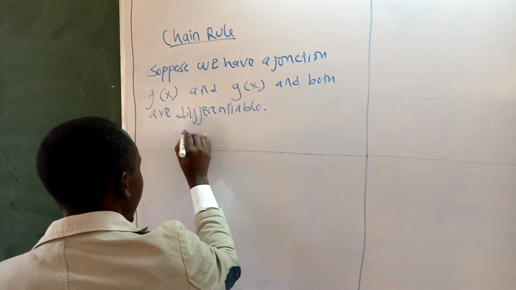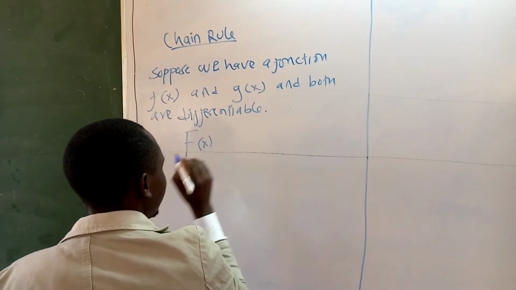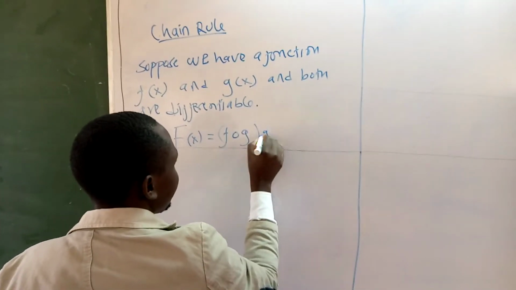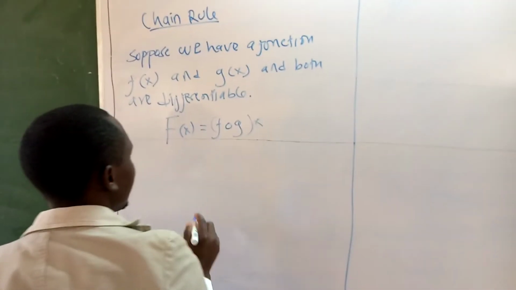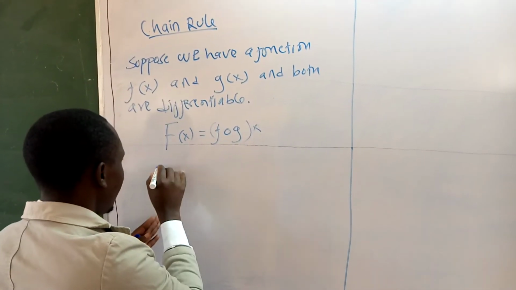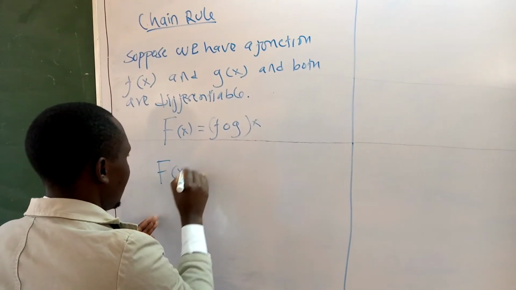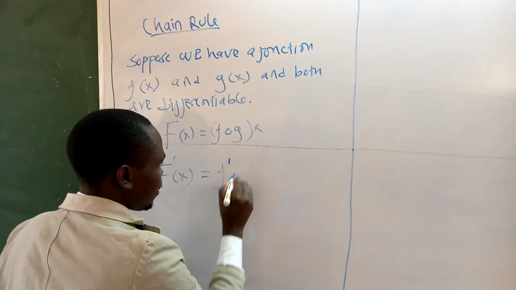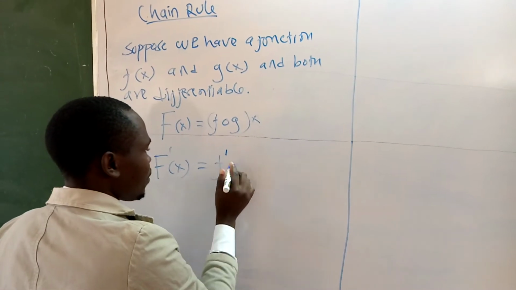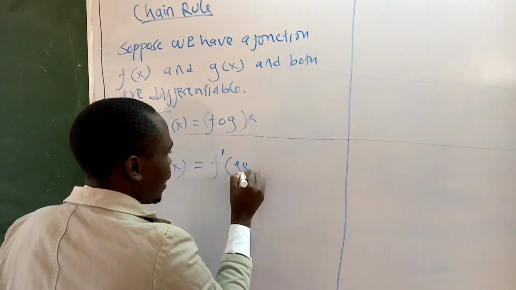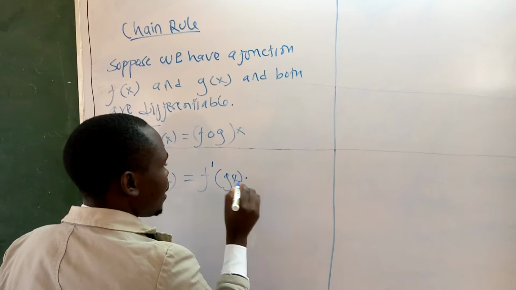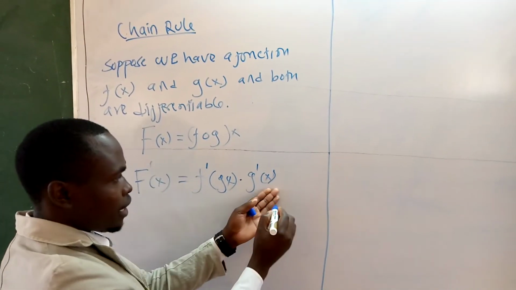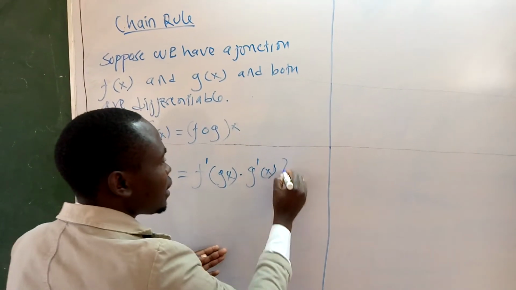Then f of x is the same as f of g of x. If I differentiate this, it's the same as f prime of g of x multiplied by g prime of x. The whole of it is the chain rule.